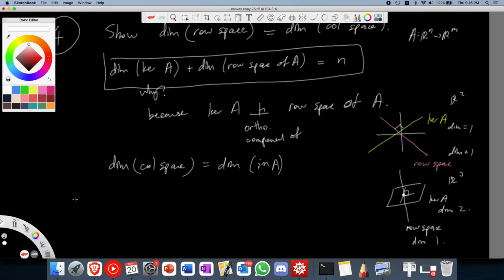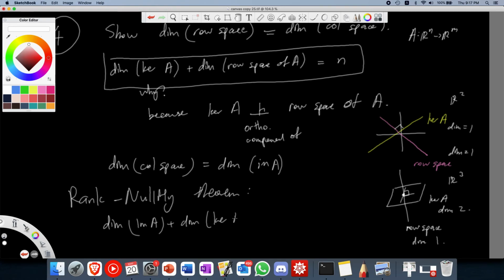So with that, let's bring in the rank nullity theorem, which says that the dimension of the range, the dimension of the image, plus the dimension of the kernel equals n.